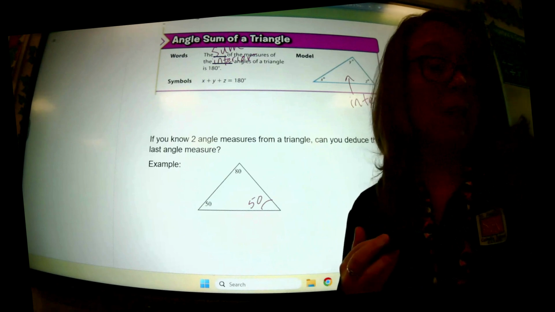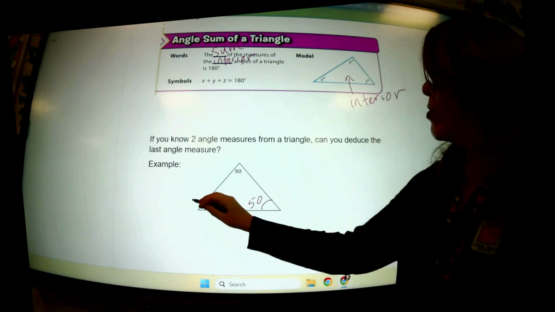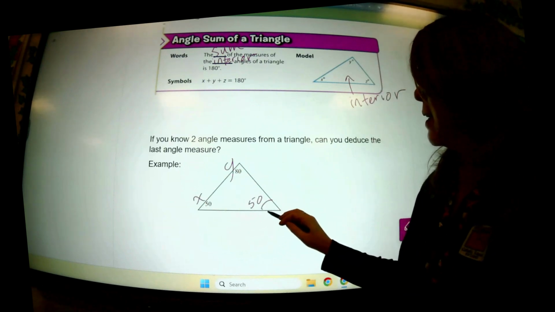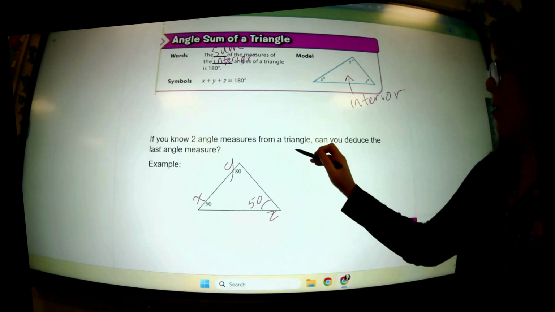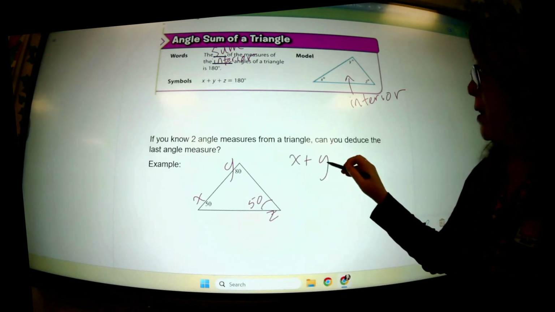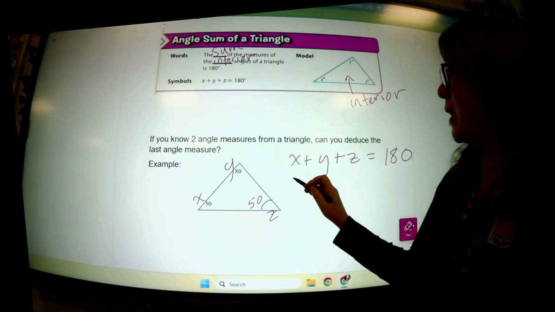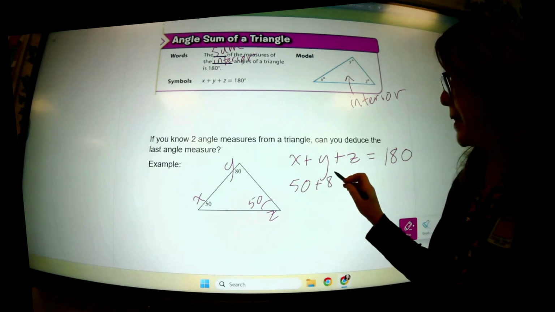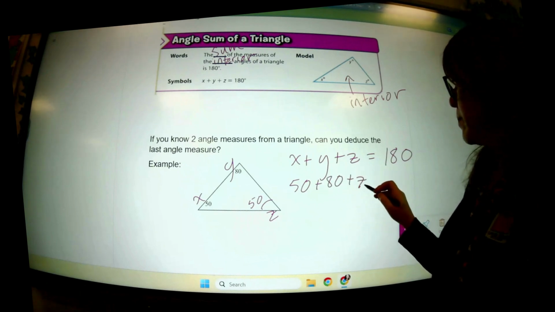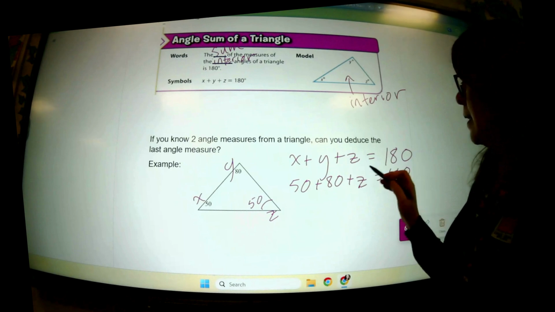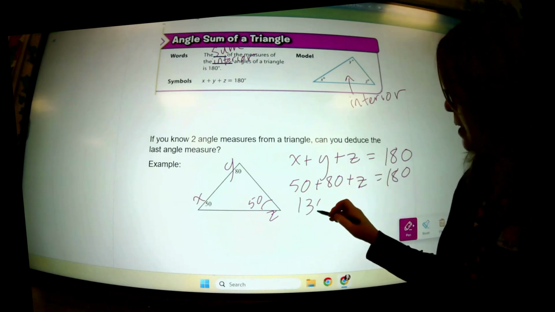And I can also write this in the form of an equation. So if I'm going to call this x, y, and z, then I know that x plus y plus z has to equal 180. So if I know this is 50 and that's 80, I add these together.